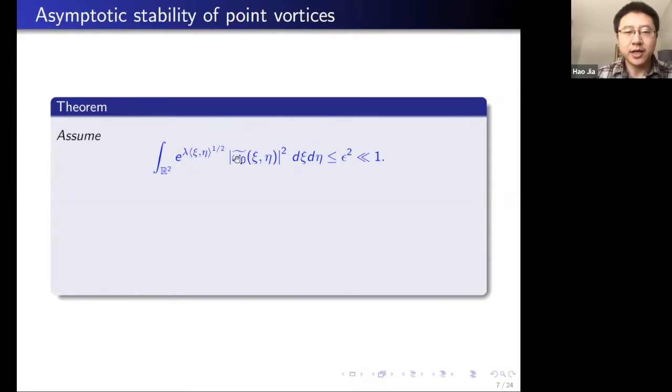You have the weight here, and this is a Fourier transform in x, y, of omega_0. It carries this exponential type weight, except that the exponent is 1/2. If the exponent is 1, then you would have an analytic norm. If this weight is polynomial in xi, eta, you would have a Sobolev norm. So this Gevrey norm is in between Sobolev spaces and analytic spaces.